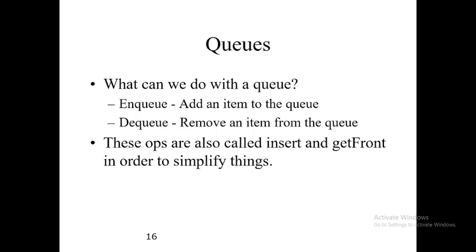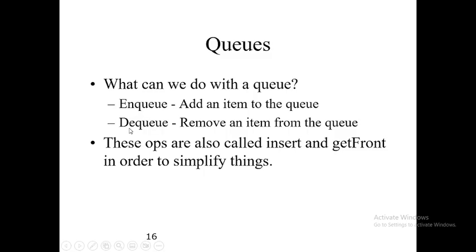So what can we do with queue? For example, if you want to add one item, you call it NQ, enqueue. Like you want to insert, for insertion one end, NQ. DQ, dequeue, means deletion.